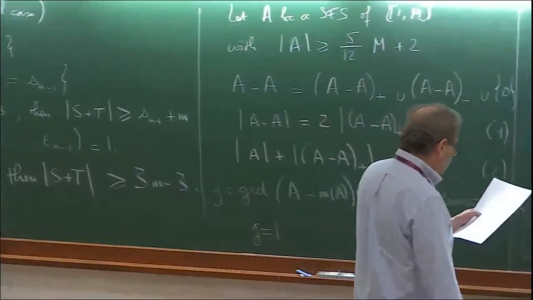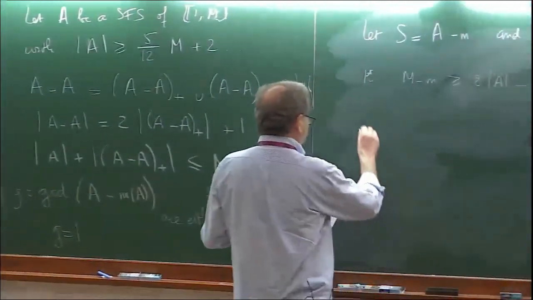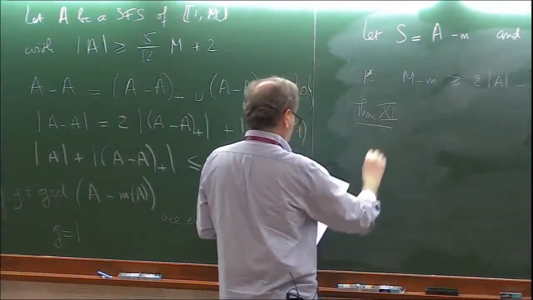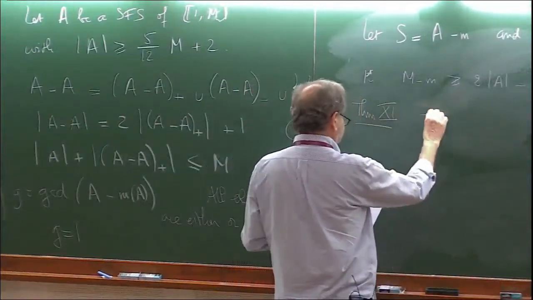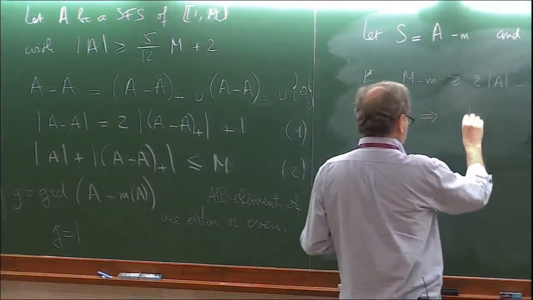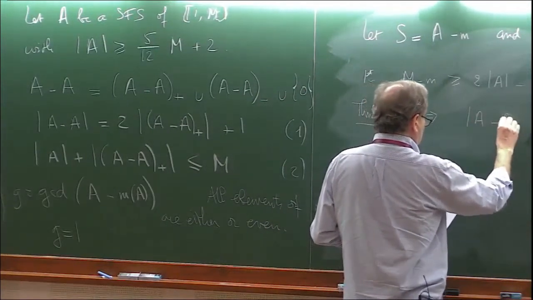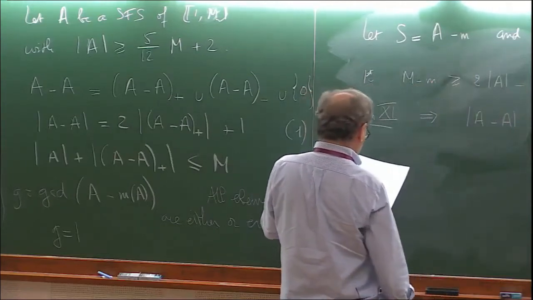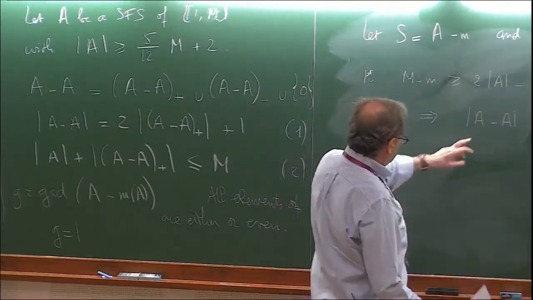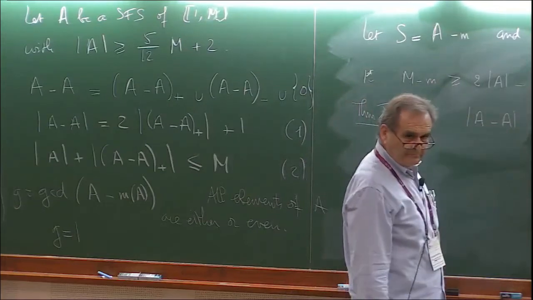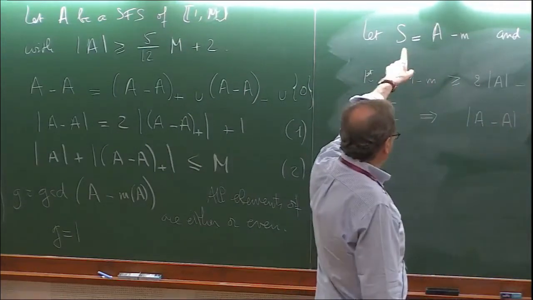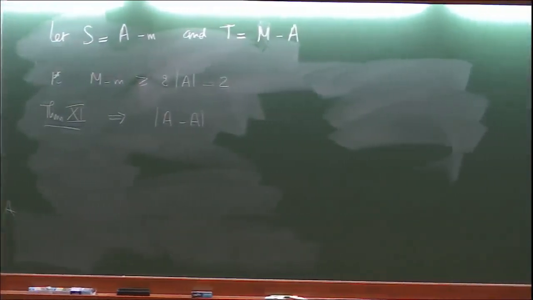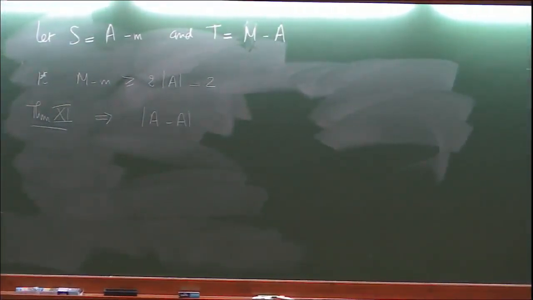Okay? So, what does Theorem 11 imply? Theorem 11 implies that for A minus A, of course, if you look at the number of elements in A minus A, you will get something which is exactly S plus T, because it is just a shifted set.